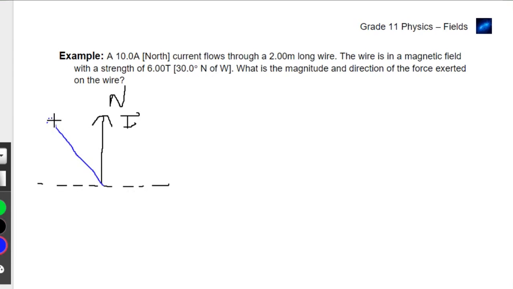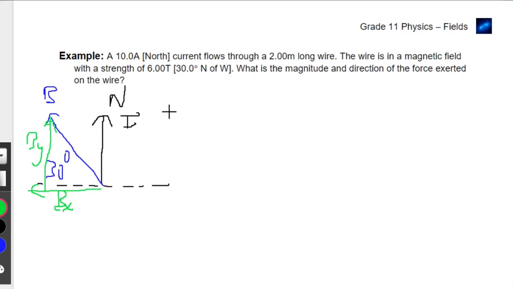So here we have our field, 30 degrees north of west. And what we want to do is break it into the different components right over here. So we're going to have the field over here, this is the x value. And then we also have over here the field that is the y value.